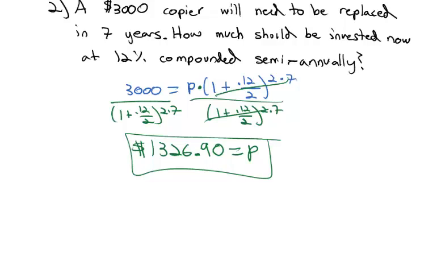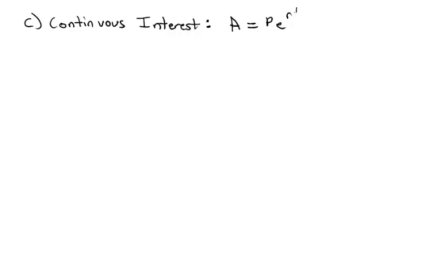Let's try another problem. Very similar, though. Let's hop over to continuous interest. And you may recall with continuous interest, A, the final accumulated future value, is equal to the present value times e to the rt.